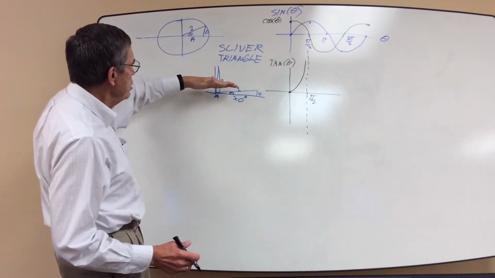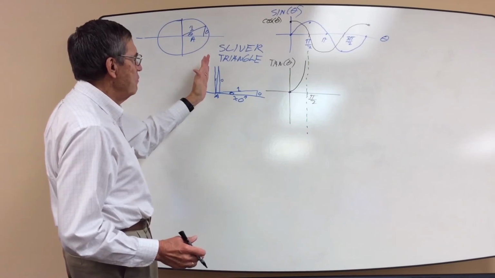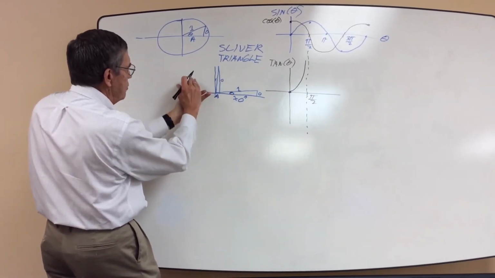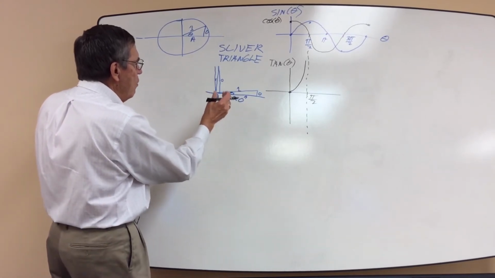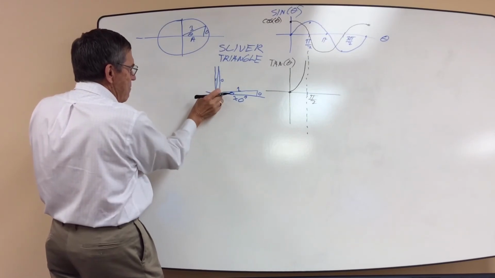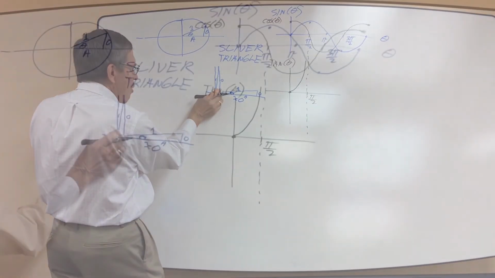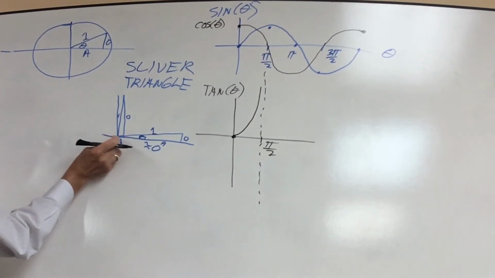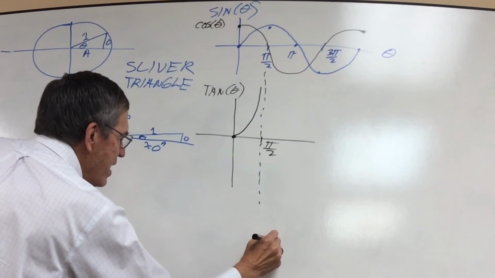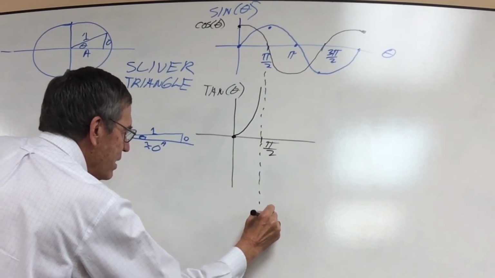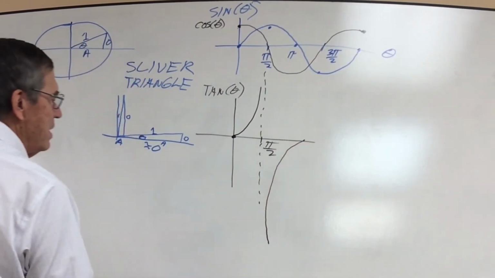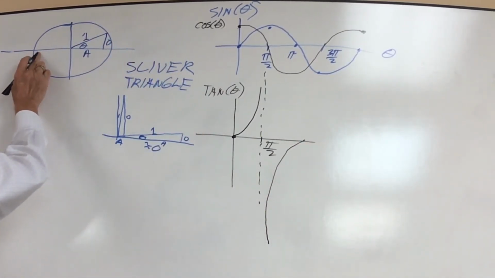Now what happens when you go past pi over 2? When you go past pi over 2, this just reverses, okay? And now we have still a very large positive opposite side, but a very, very small negative adjacent value. So what that means is it's going to start down here at negative infinity and then come up and cross the axis when we get over here to pi.